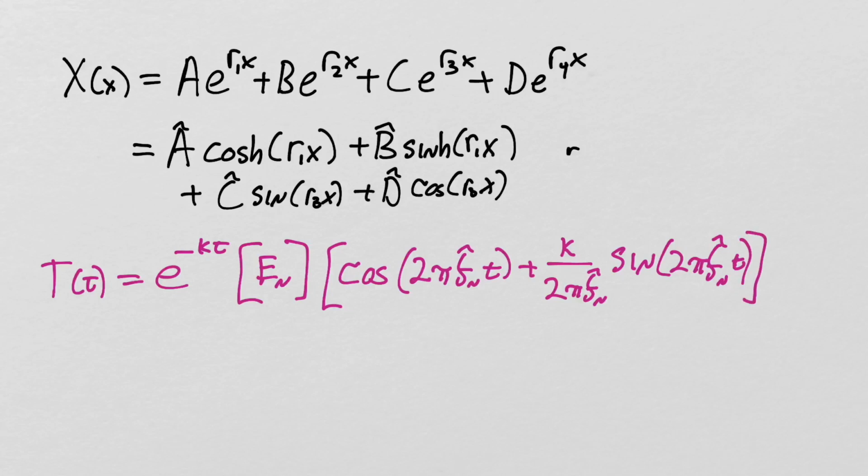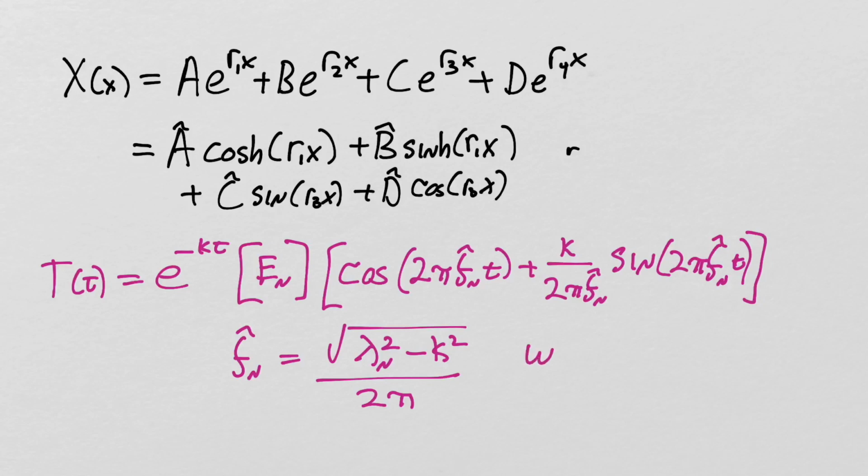So this was the solution, and we also learned that the inharmonic frequencies were given by the square root of lambda n squared minus k squared, over 2 pi. And this meant that the angular frequency is given by lambda n squared minus k squared.